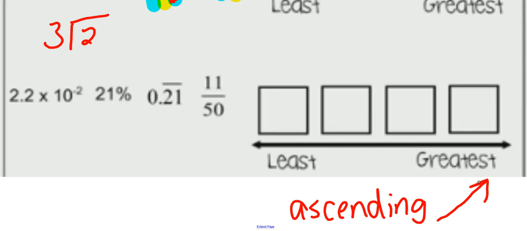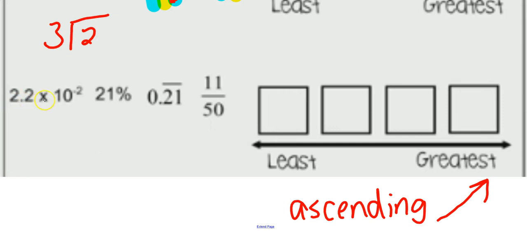So I'm going to do something a little different this time. Instead of changing them all into a decimal, I'm going to change them all to a percent. So percents are hundredths, so I'm going to change everything to a number of hundredths. And that's really not that difficult to do with numbers like this.